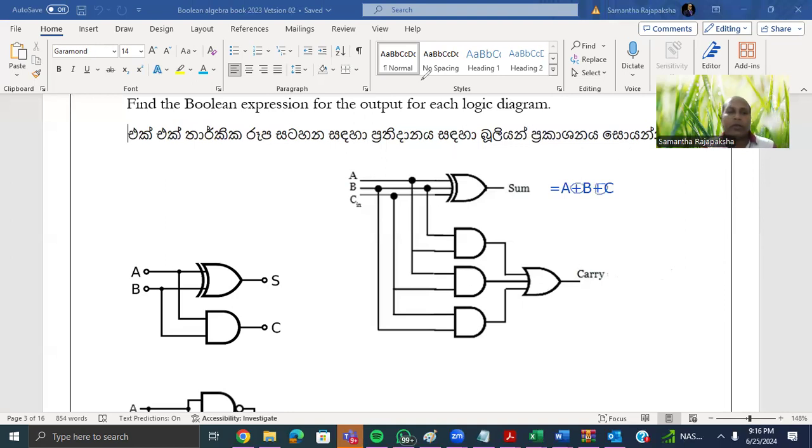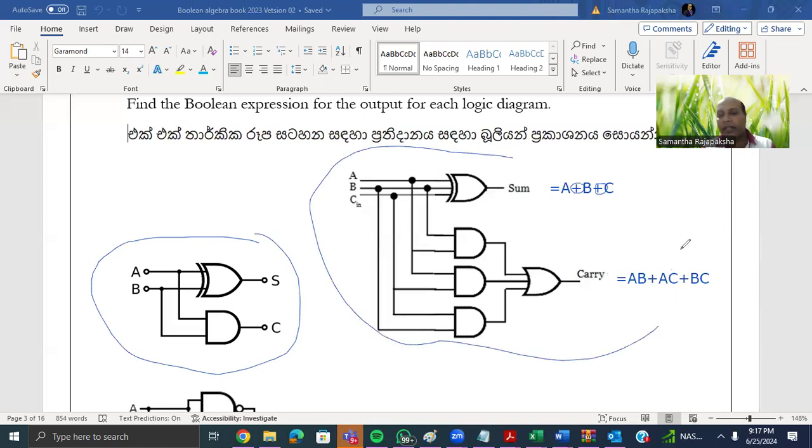So this one output should be equal to A into B plus A into C plus B into C. So actually this is the gate for the half adder and this is the gate for the full adder. We'll discuss that later. That is for addition of two numbers for half adder, and three numbers in the full adder.